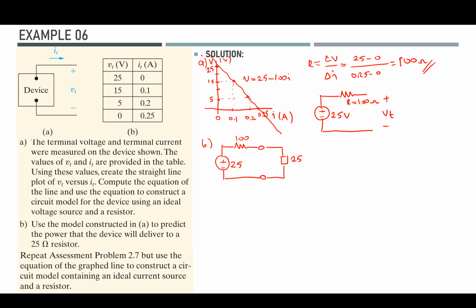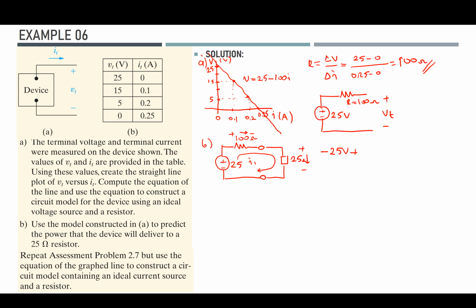So I can simply write down a KVL around this. I'm assuming that the current will be flowing in this direction and in this direction for these resistors. Since I'm seeing the negative terminal of the voltage source, I will start with minus 25 volts, and plus let's say I have an I1 current, and this is R1 and this is R2.